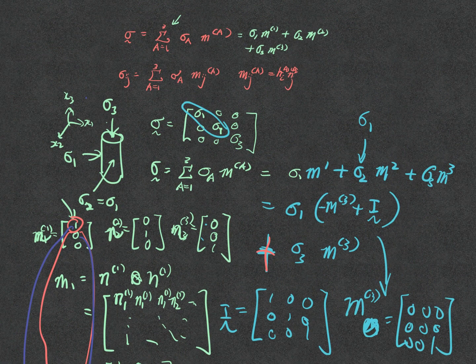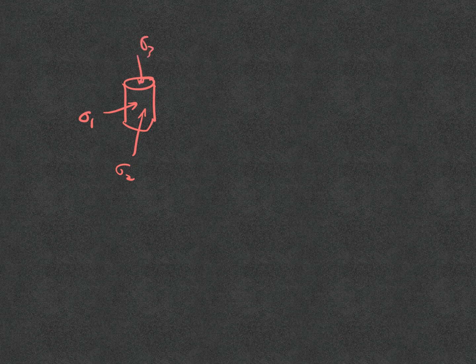So let me give another example. What if you load something hydrostatically? Hydrostatically means that you have sigma 1, sigma 2, and sigma 3, but sigma 1 is equal to sigma 2 equal to sigma 3.